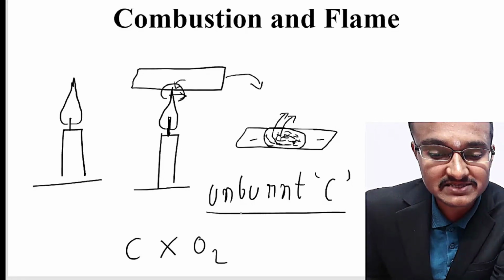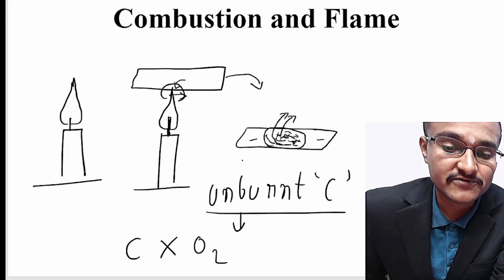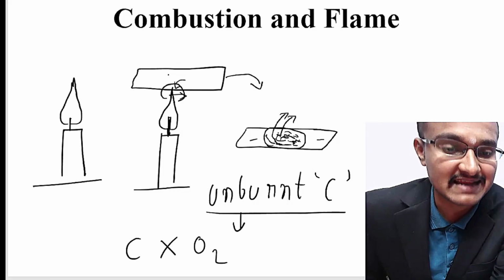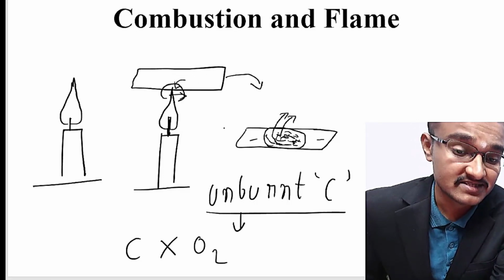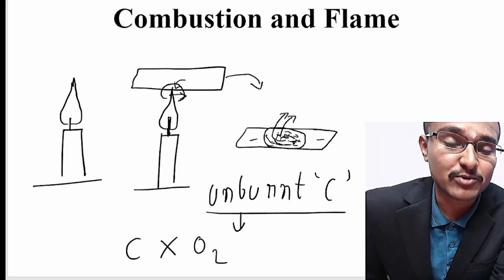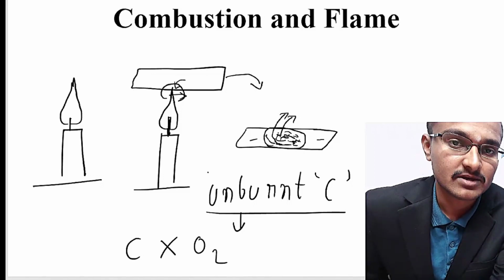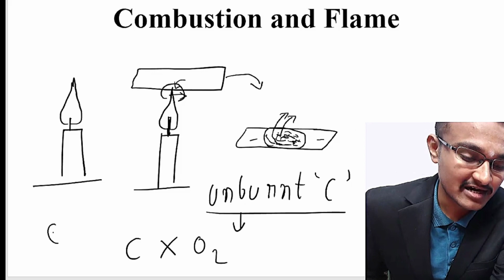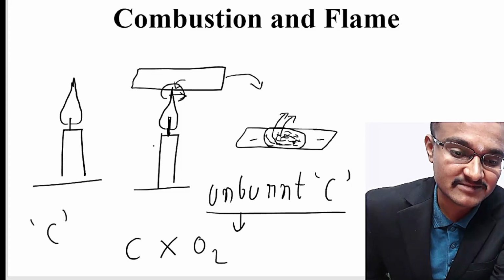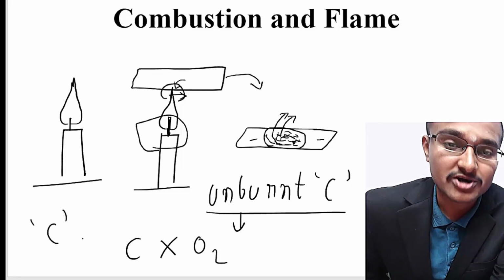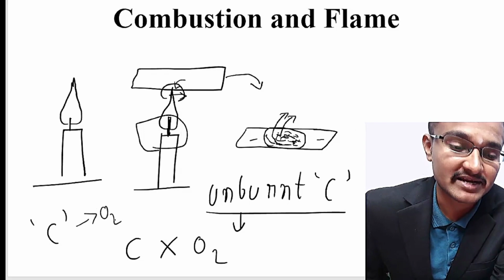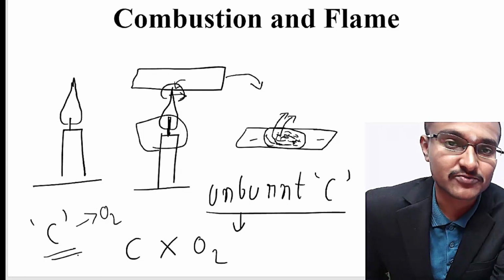That carbon is known as unburnt carbon. So if you obstruct this flame with a glass surface or any other surface, the unburnt carbon deposits on that surface. This shows that not all the carbon atoms present in this fuel get burnt completely with oxygen. Some unburnt carbon will also remain.